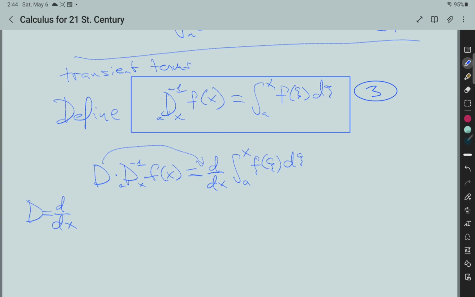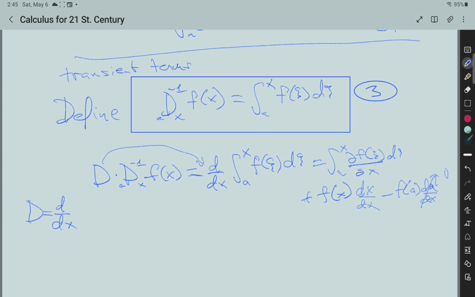Since this d is outside the integral, this gives you the partial of f of c with respect to x, plus f of x, plugging x into c, times dx by dx, minus f of a times da by dx, but a is just a constant, so this is 0.